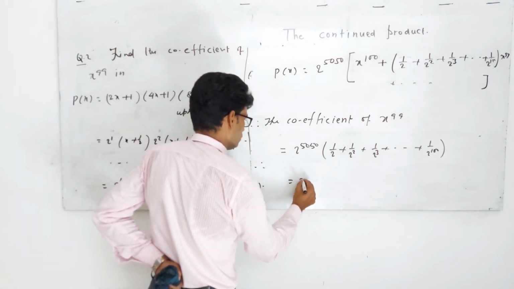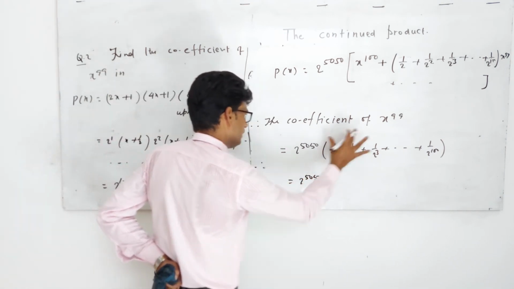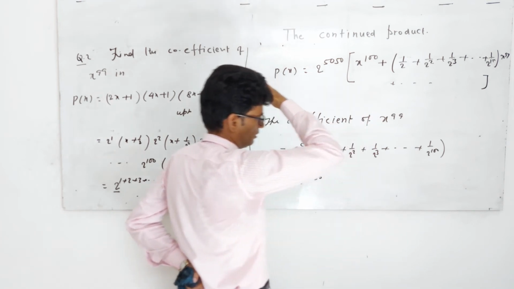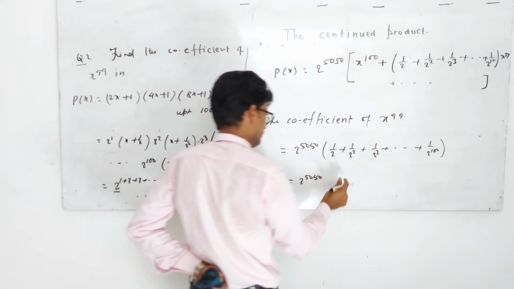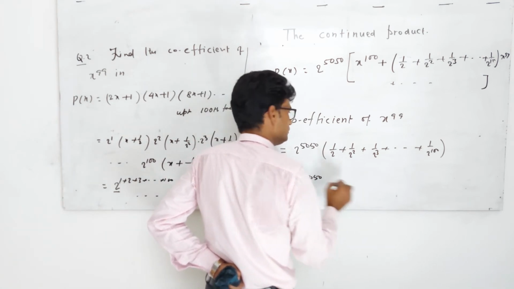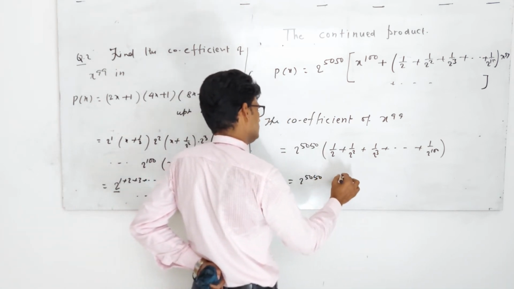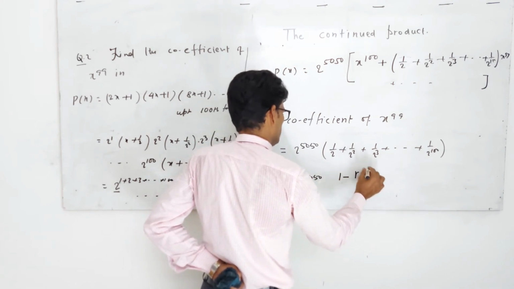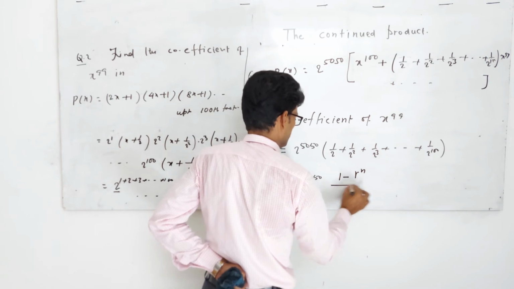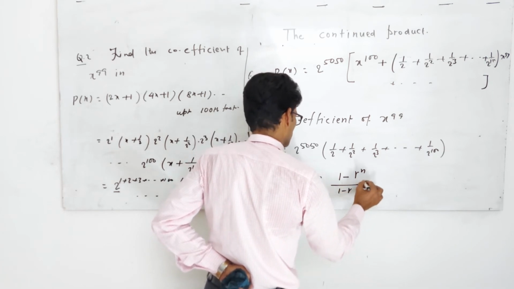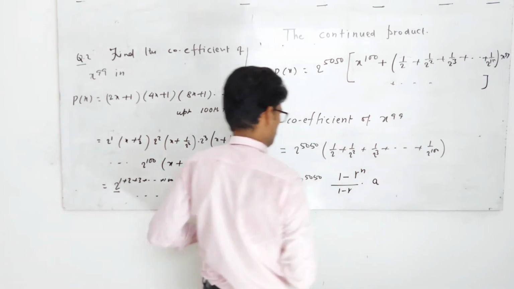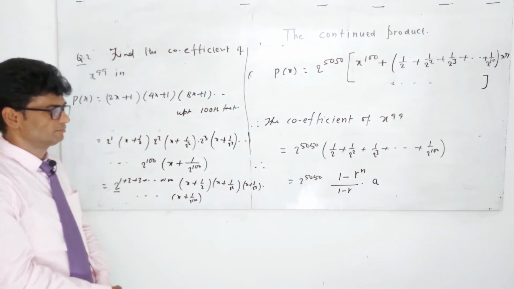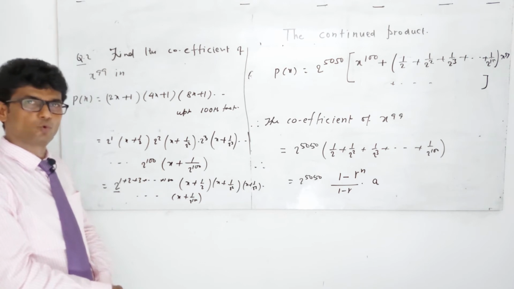So here 2 to the power of 50/50, and the sum of these 100 terms comes out to be 1 minus r to the power of n divided by 1 minus r, multiplied by the first term, where r is the common ratio.